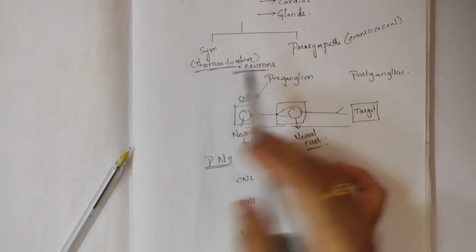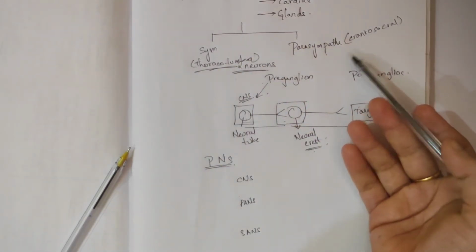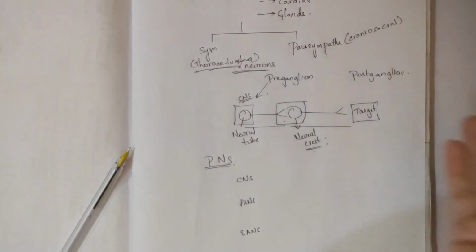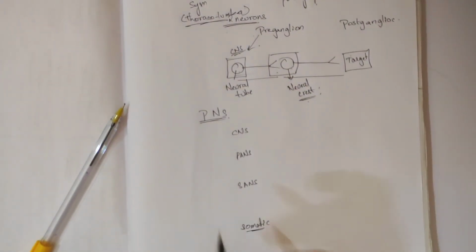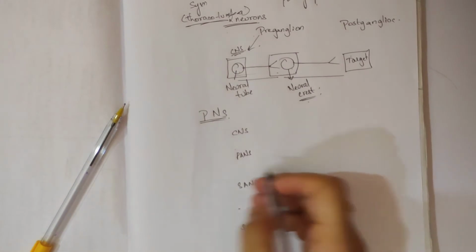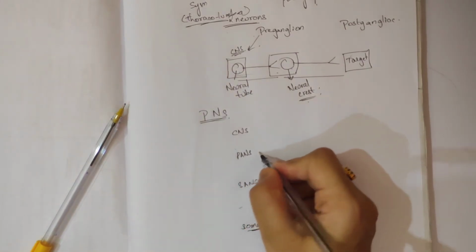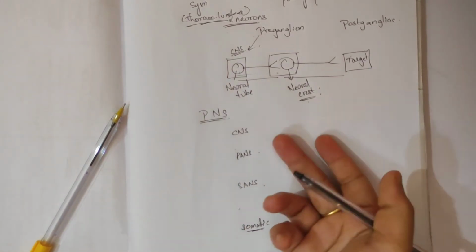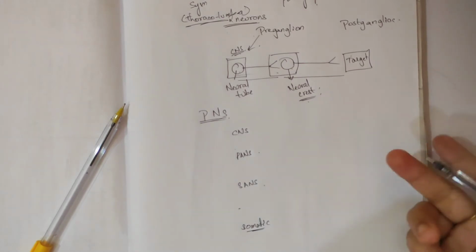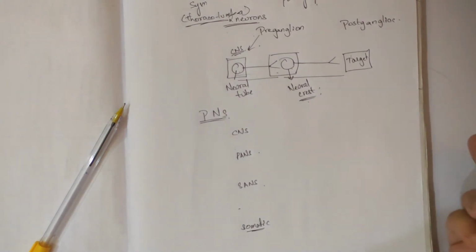This is because of their nervous innervations, which I'll discuss in detail later. So the parasympathetic or sympathetic is a two neuron pathway to innervate the respective target tissues.